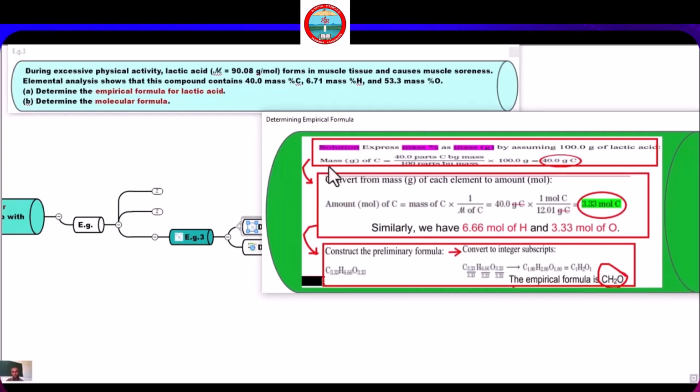40.0 gram is the percentage of the carbon, equal to 40.0 gram, and similarly for the others, and then convert each mass into mole. The mole of the carbon becomes 3.33, for hydrogen 6.66, and for oxygen 3.33, and then divide by the smallest mole.